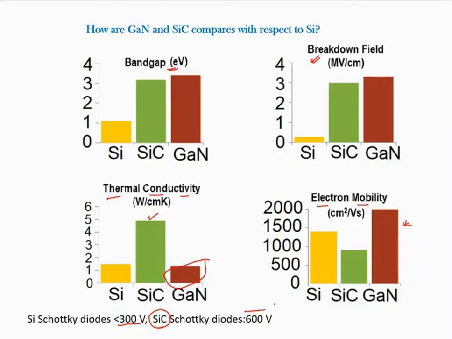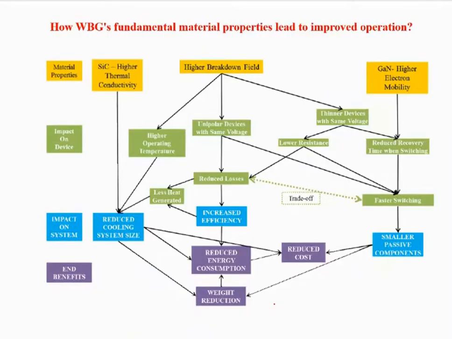So here let's try to understand how this high thermal conductivity, higher breakdown field, and more mobility are impacting. Since these GaN devices have high electron mobility, the switching speed increases. As a result, you can use smaller passive components.